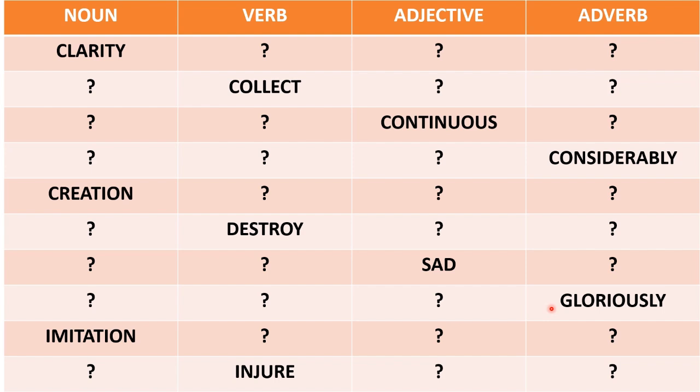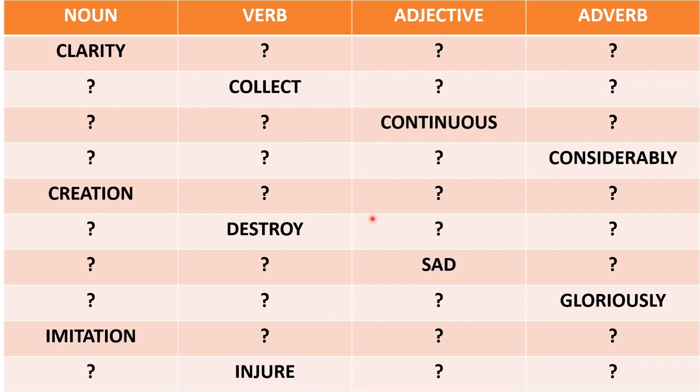Noun, verb, adjective, you have to fill in. Then you have the word imitation, the noun form. Verb, adjective, adverb are missing. It is up to you to find them. And finally, the last word, only the verb form is given. That is endure. Noun, adjective, adverb, you have to find.